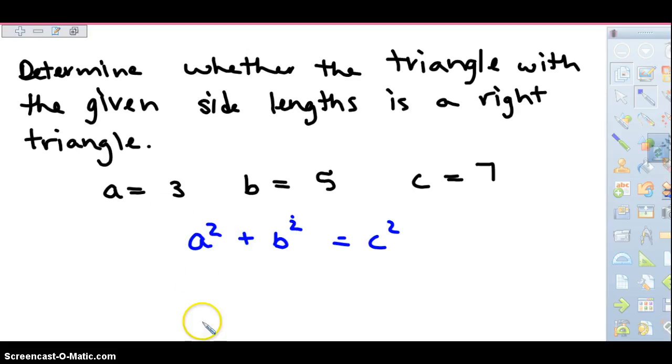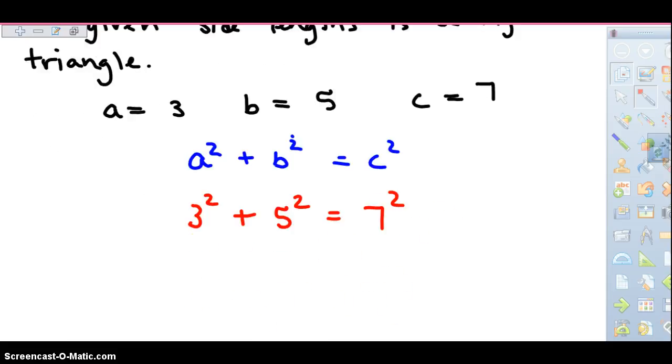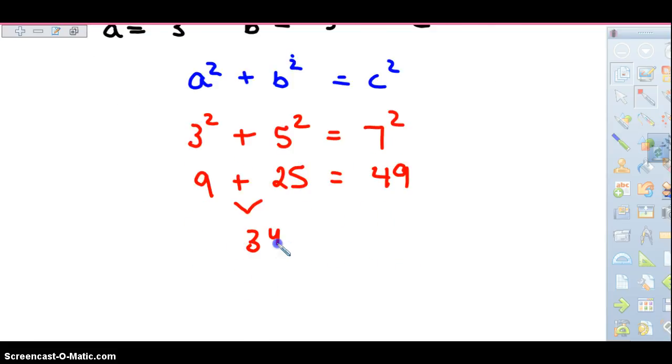So if we substitute here, we would say 3 squared plus 5 squared has to equal 7 squared. 3 squared is 9. 5 squared is what? 25. And 7 squared is 49. What's 9 plus 25? 34. Is 34 equal to 49? No. Therefore, is this a right triangle? No.